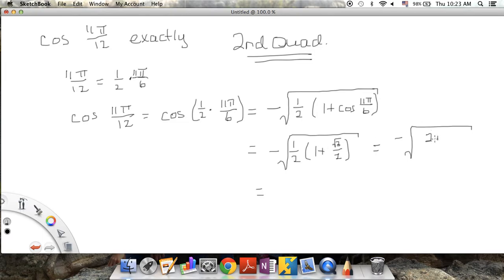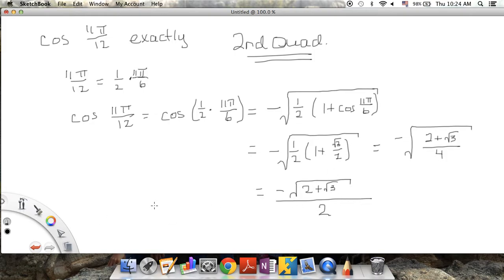So we have 2 plus the square root of 3 over, and then our denominator is 2 times 2, which is 4. So that gives us negative the square root of 2 plus the square root of 3, all over 2, because the square root of 4 is 2. So there's our exact value.